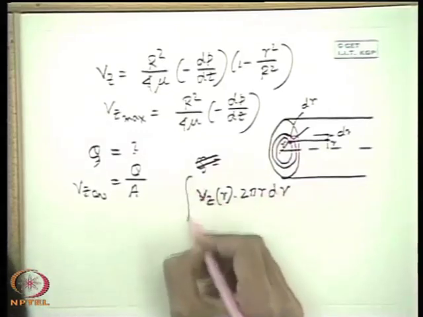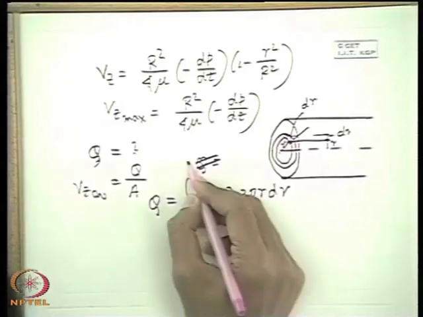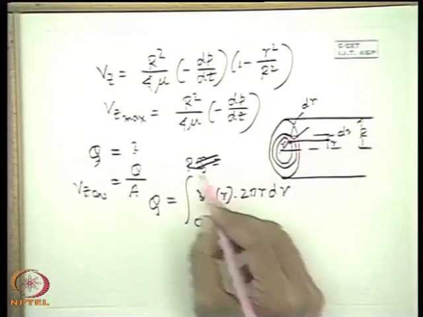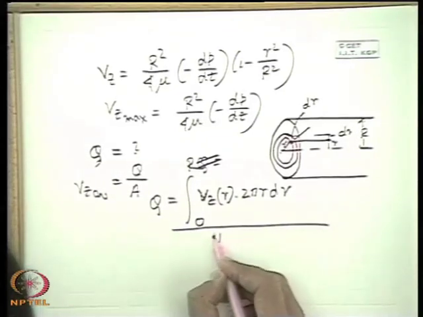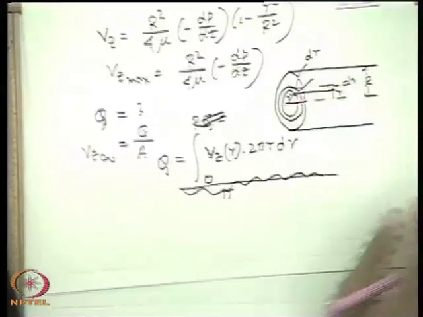So simply integrate it from 0 to R. This is capital R, that is the radius. So therefore Q is this. So what is Vz average?